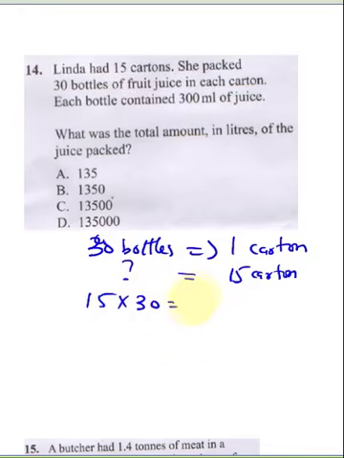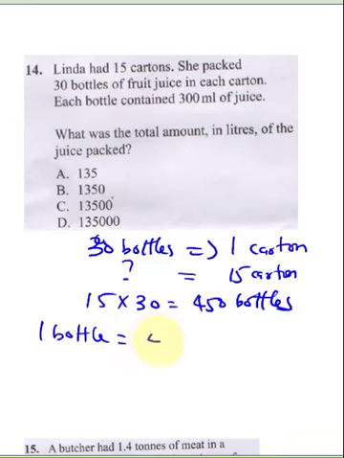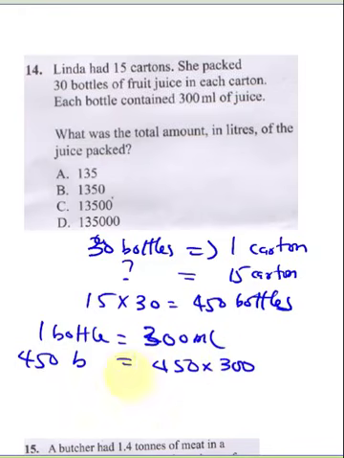That will give us 450 bottles. So now it says 1 bottle takes 300 ml. Okay, so that means 450 bottles will take 450 times 300. Now this will give us 450 times 5 is going to give us 135 then 000.